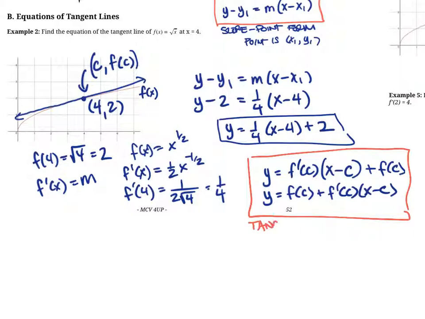This is the tangent line of f at x at a point x equals C, some value C. Okay, that's pretty interesting. We have a quick way now of finding a tangent line of a function.